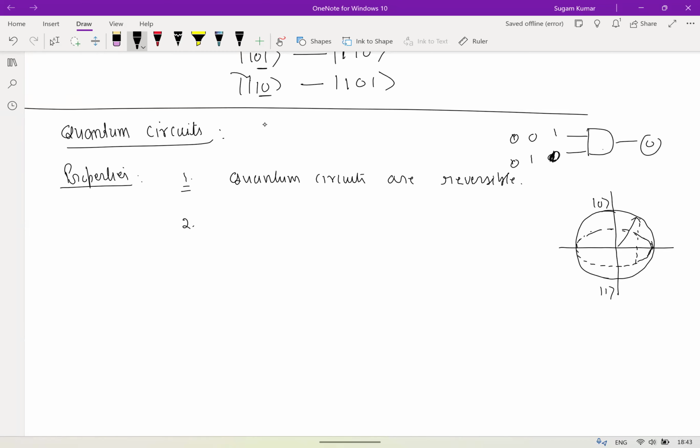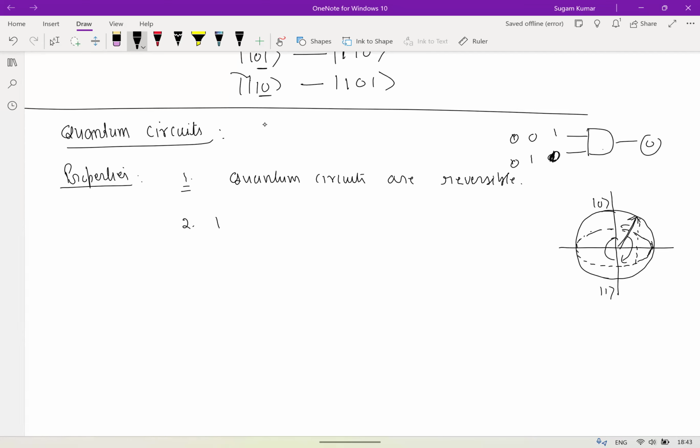So pi by 2 and pi by 2, you will be here. Again, you take a pi rotation, you go back to 0. So the vector can rotate and go here also, and it can again go back to the same location. So this way you can see that all gates are reversible, even the Hadamard gate.